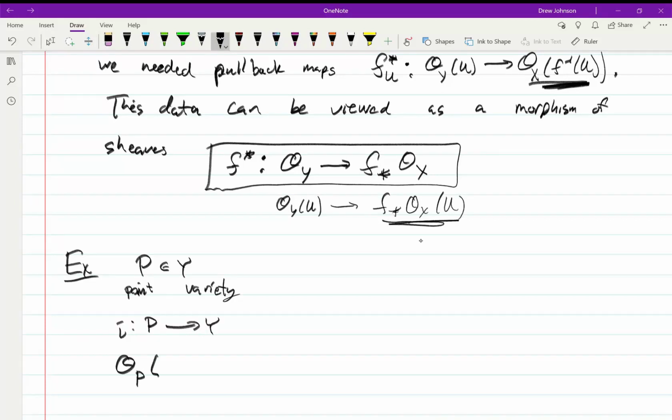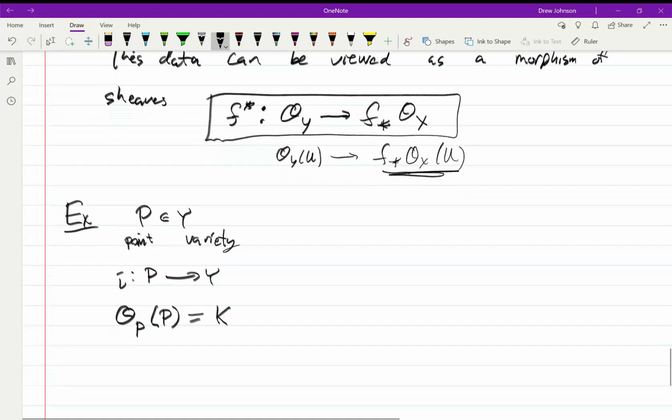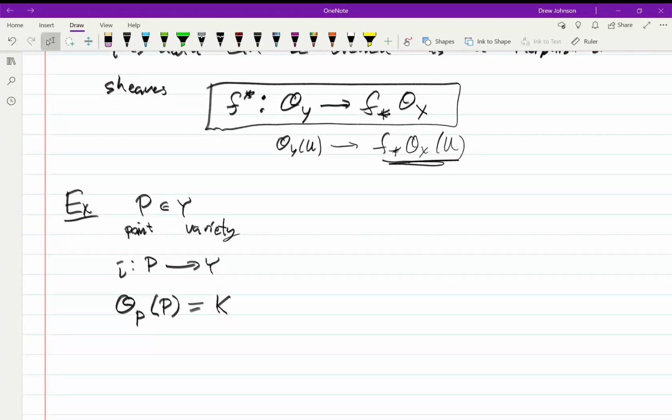There are only two open subsets. The sections of OP on P will just be the ground field K, and the sections on the empty set will just be 0.